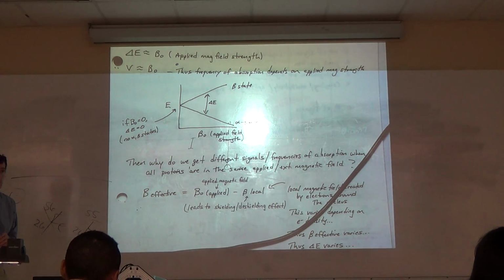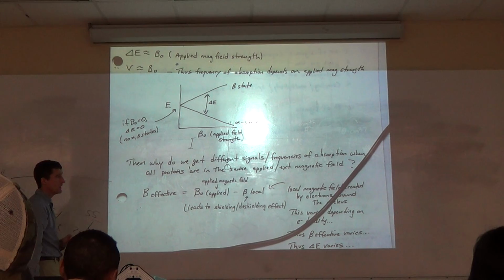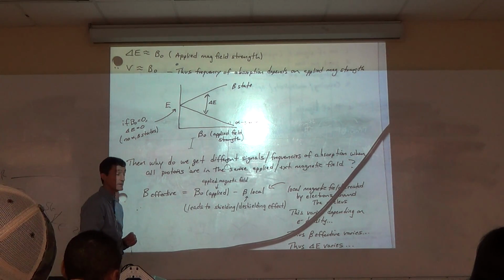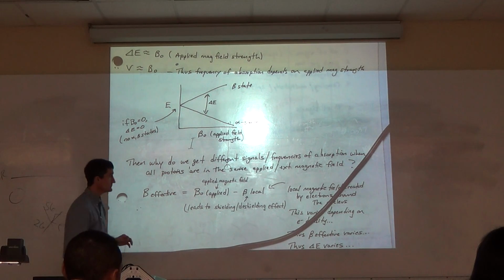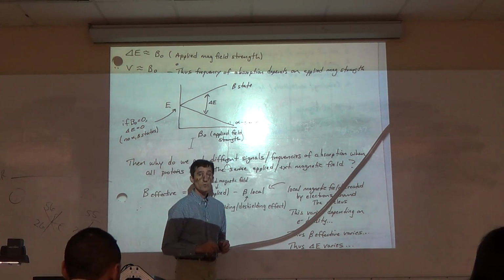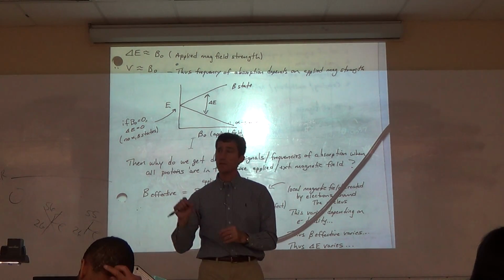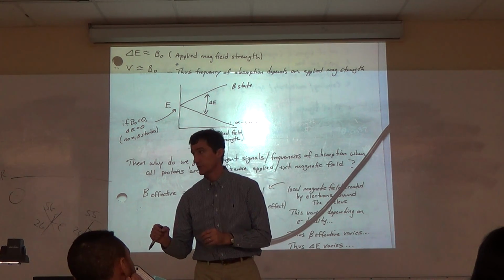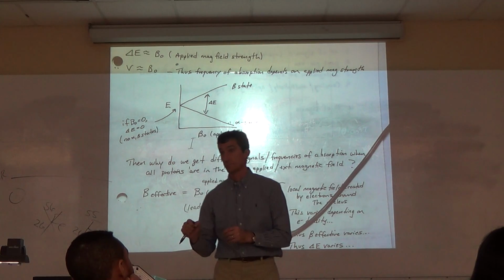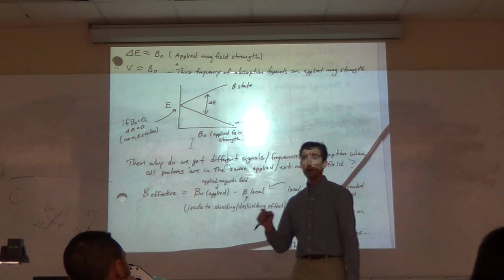What is B local? It's a local magnetic field. This is the external one, like this thing here. B local is another magnetic field that is produced by the electrons nearby the protons. They produce their own magnetic field.